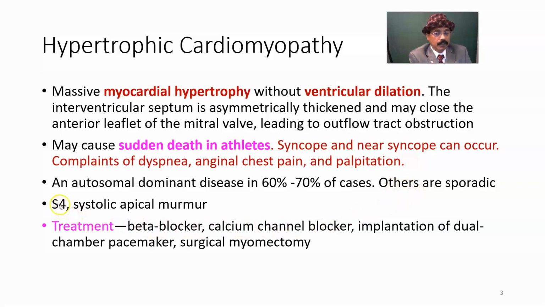We'll get a fourth heart sound, and we may get a systolic apical murmur. Murmur means abnormal heart sound. Treatment is by beta blocker, calcium channel blocker, implantation of dual chamber pacemaker, and surgical myomectomy.